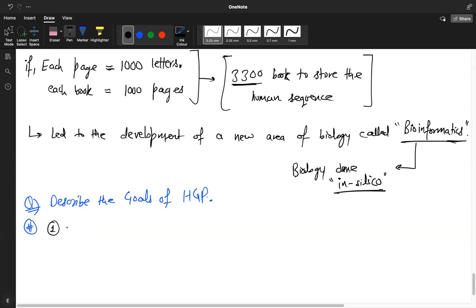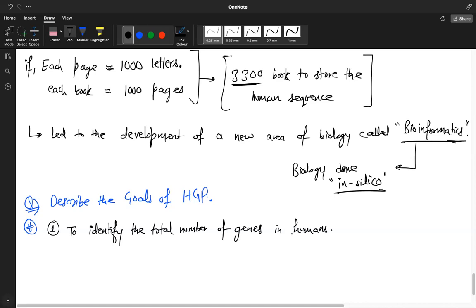To identify, first goal, of course, was to identify the total number of genes in humans.